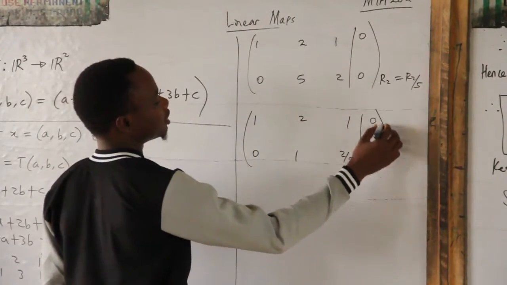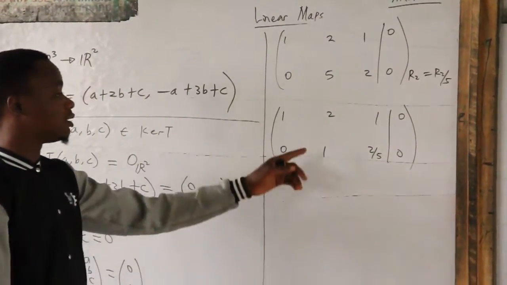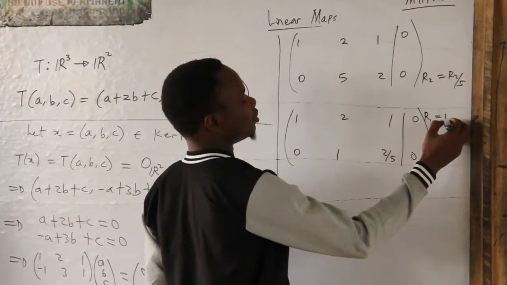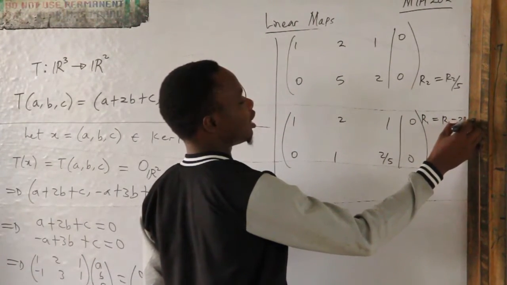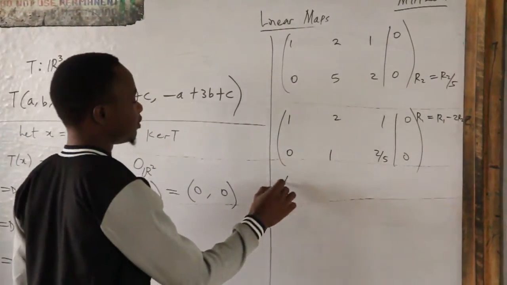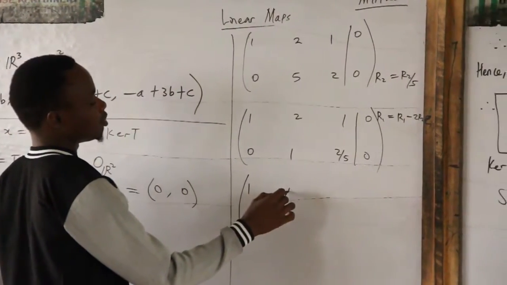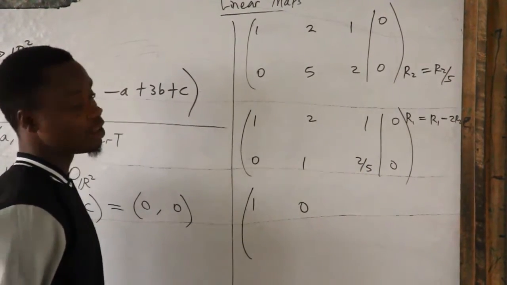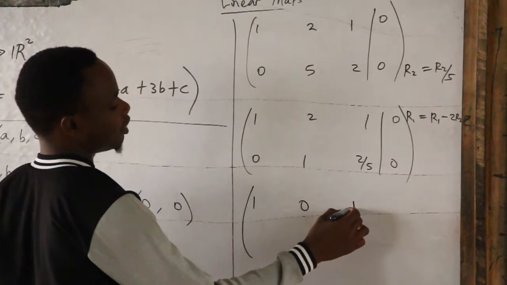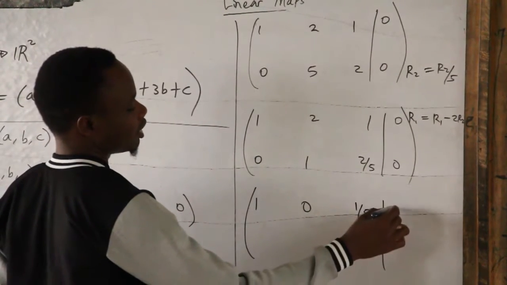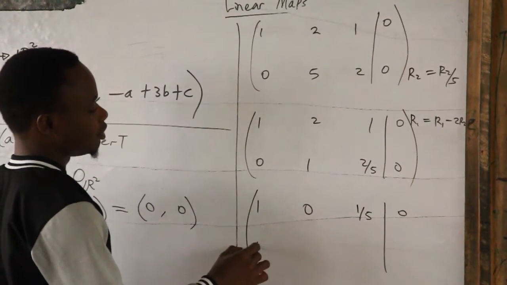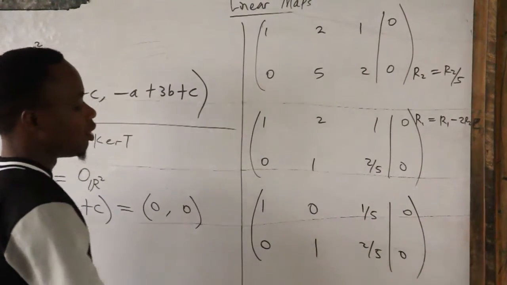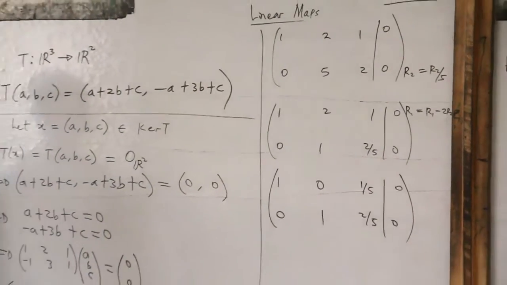The next thing is to make this 0, so R1 equals R1 minus 2R2. That gives 1 minus 4 over 5, which is 1 over 5, and I still have 0 here. This gives us 1, 0, 1 over 5, and 0, 1, 2 over 5. It's now in row reduced form.